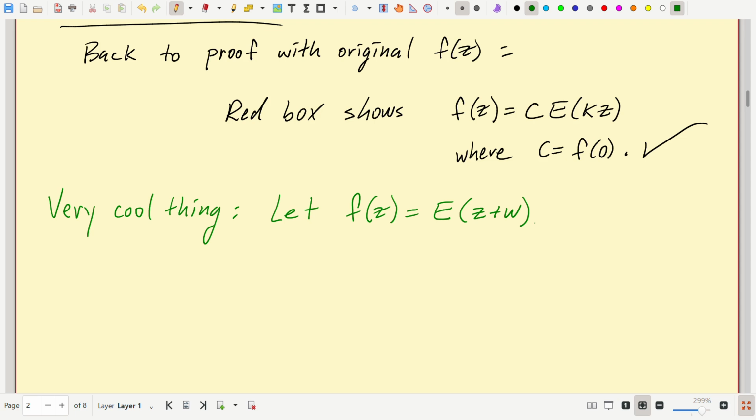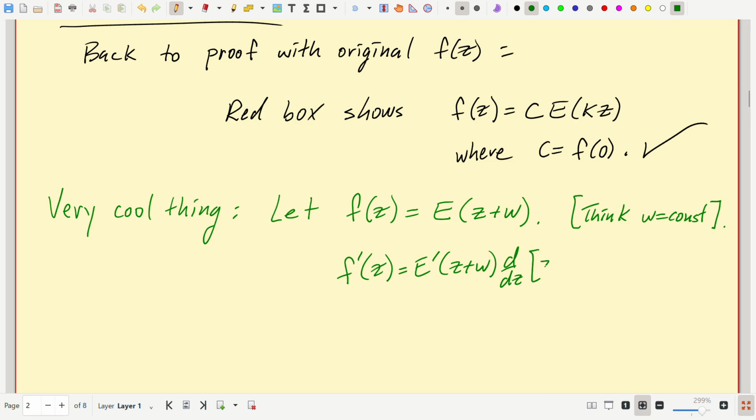Think of w as a constant. Then f prime of z would be e prime of z plus w times d by dz of z plus w, but w is a constant, so that would be 1. So that's equal to e to the z plus w, which is our f of z.